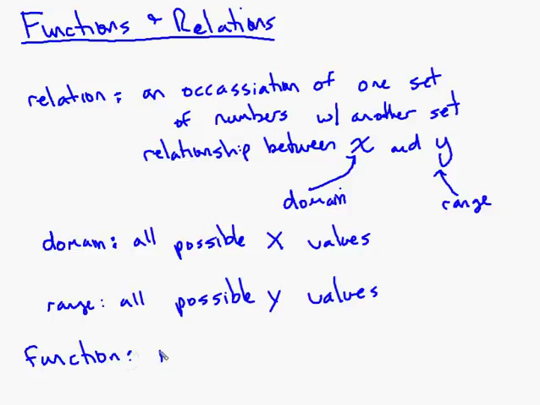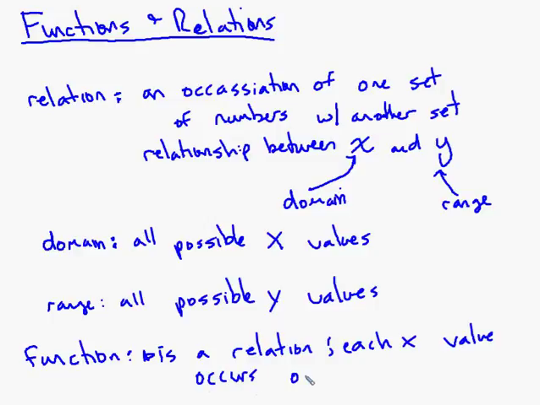Well, a function is, first of all, and this is very important, a function is a relation. So it is a relationship between x and y. But it is special in that each x value occurs only once.